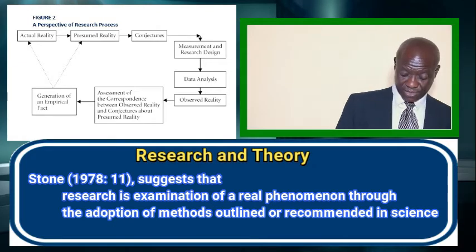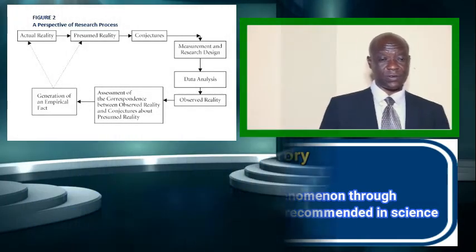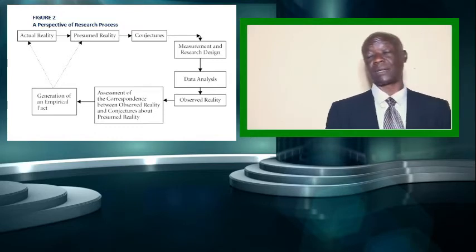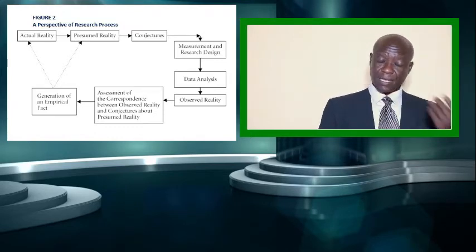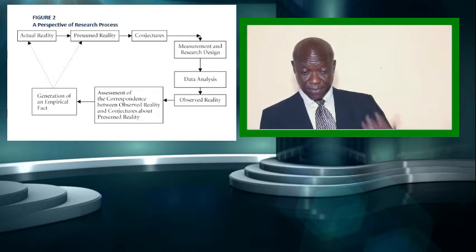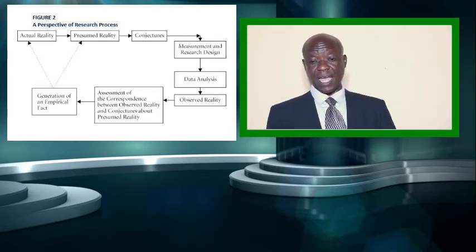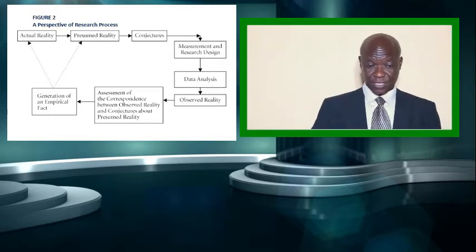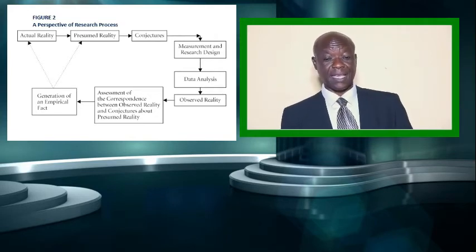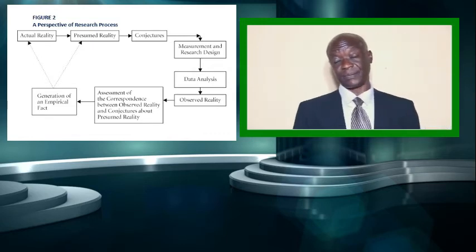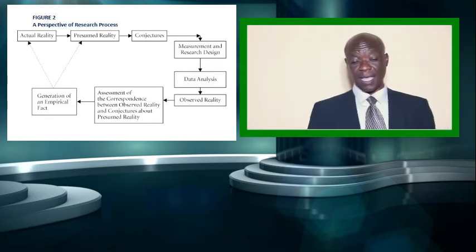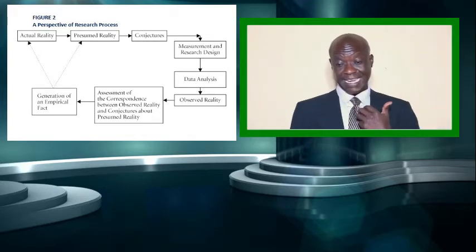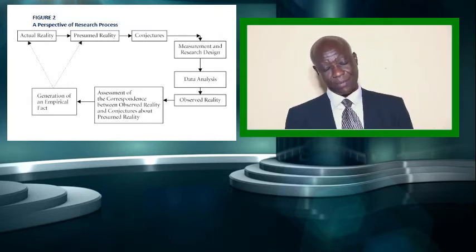I will not go through all those definitions because you know them, but do not forget that this process is scientific, systematic, and objective, and you go through that empirical process, ladies and gentlemen. It adopts methods which are outlined and documented in the various literature, as recommended in science, and which are in compliance with the guidelines of science, suggesting that research is a process of examining a phenomenon in an objective, systematic, and empirical manner, ladies and gentlemen.